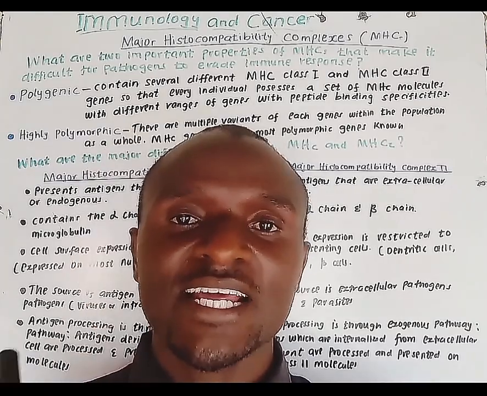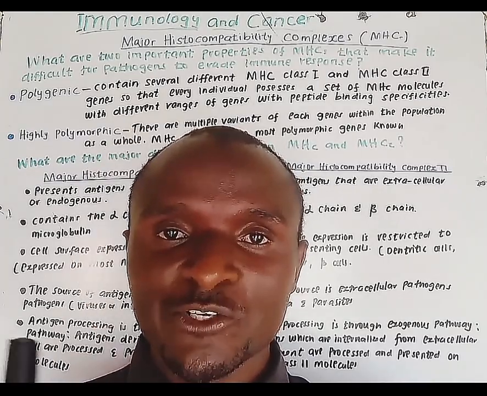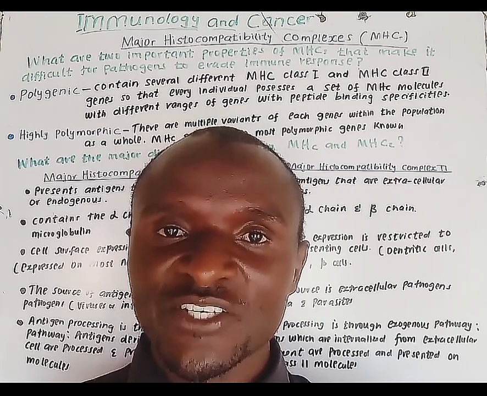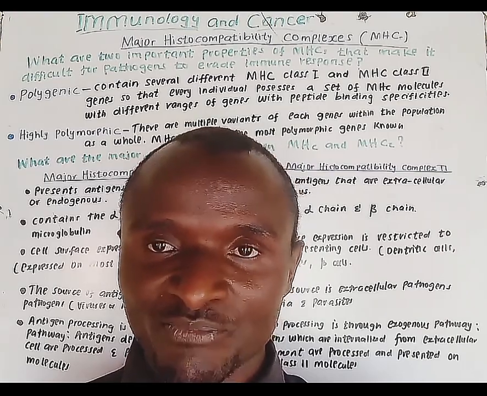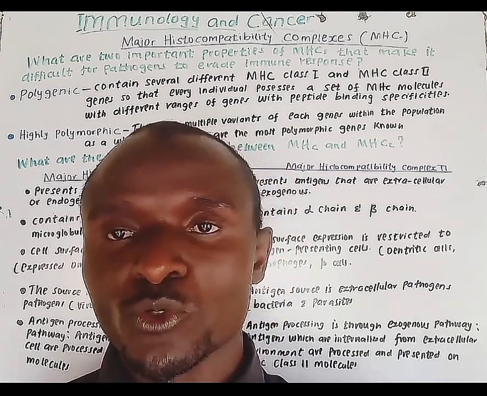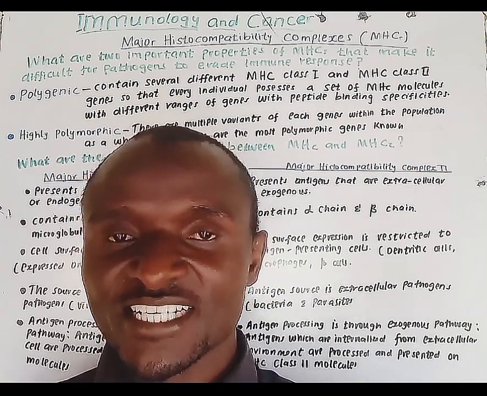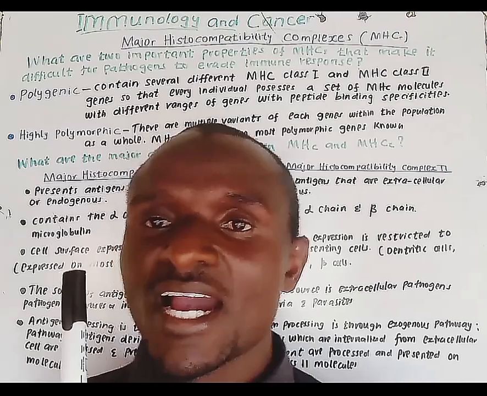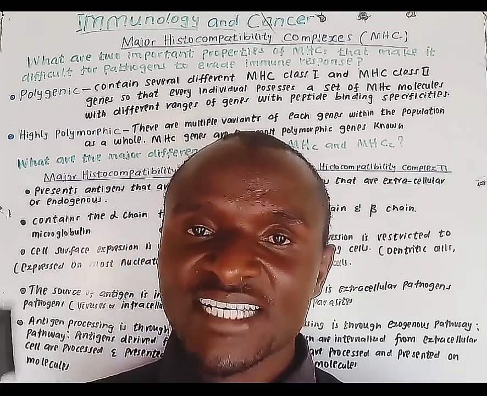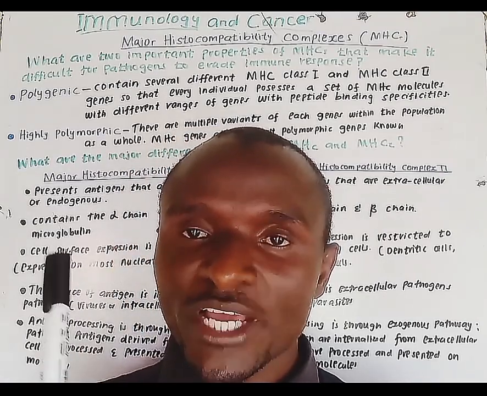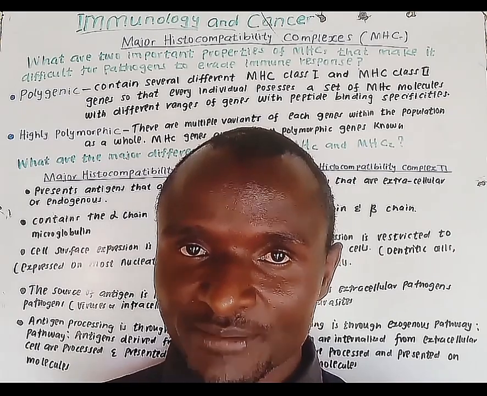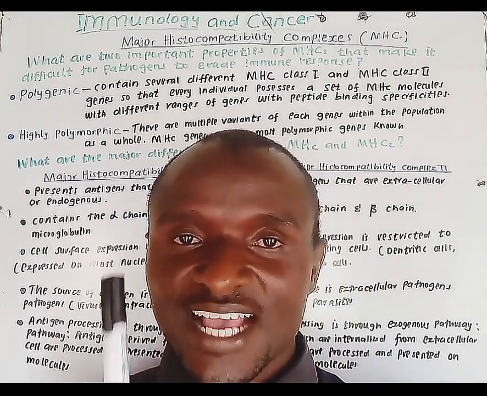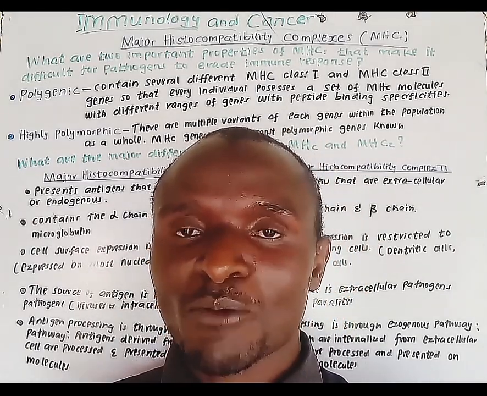Under MHC1, the source of antigen is intracellular pathogens. Under MHC2, the source of antigens is extracellular pathogens. Under MHC1, antigen processing is through the endogenous pathway, that is, antigens derived from within the cells.